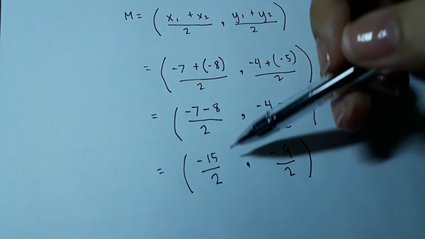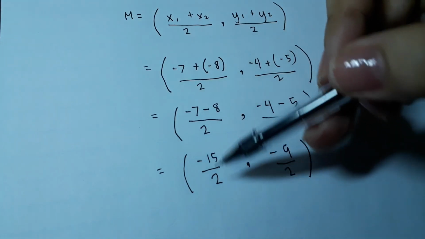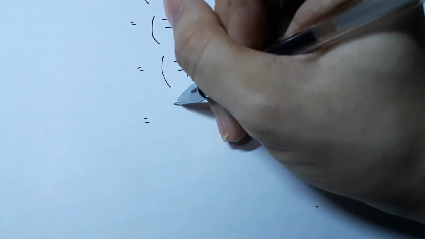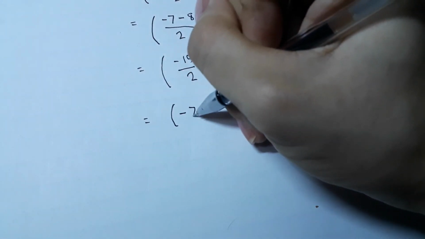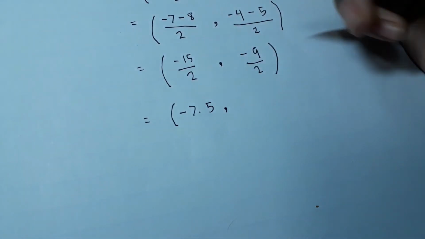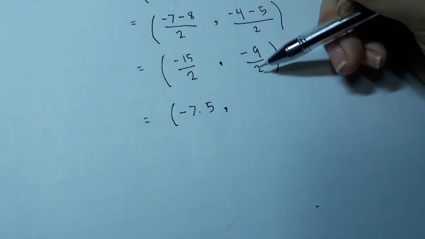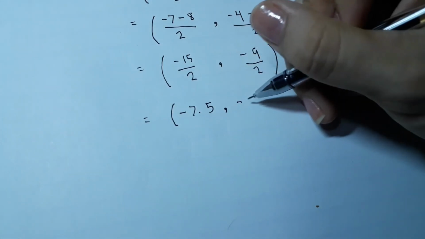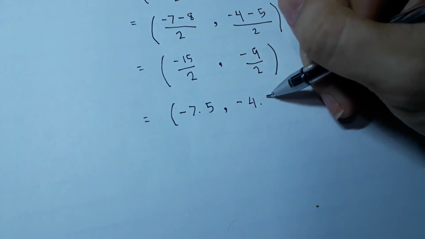Now we're going to divide negative 15 by 2, and that will be equal to negative 7.5, while negative 9 divided by 2 is equal to negative 4.5.